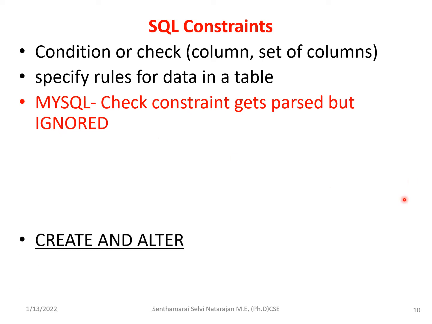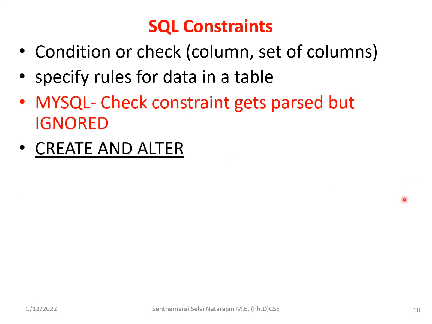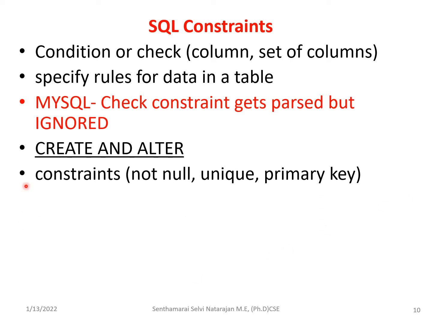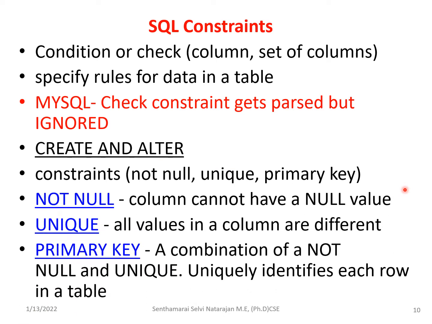That is the thing. Next, going for the create and then the alter, here the constraints are not null, unique, and then the primary key. So these three constraints should be used again under the create and alter commands. Okay, not null means the column cannot have a null value.